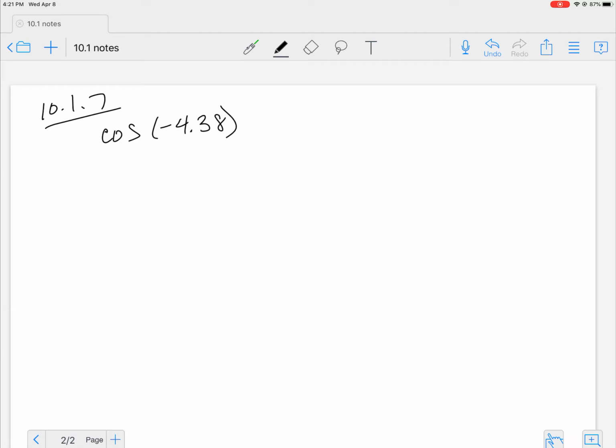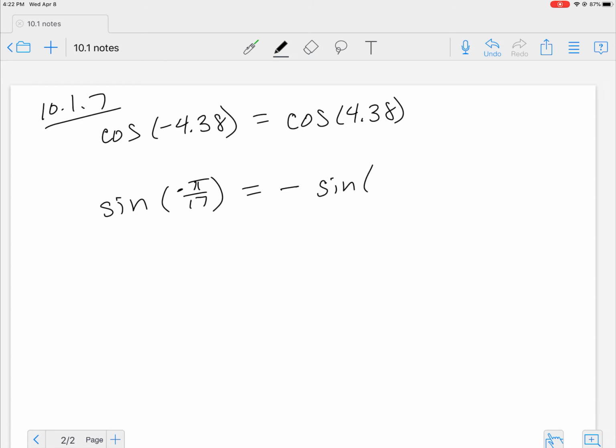So here is from the homework 10.1.7. They don't even have any examples in the book. If I have a cosine of negative 4.38, cosine is even. If I have a negative input for cosine, I know my output is positive. Literally, that's it. If I have sine, so here's another one.